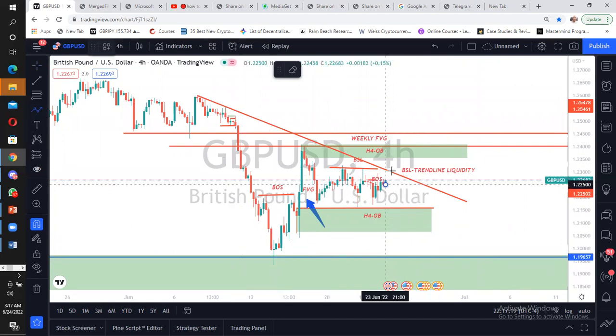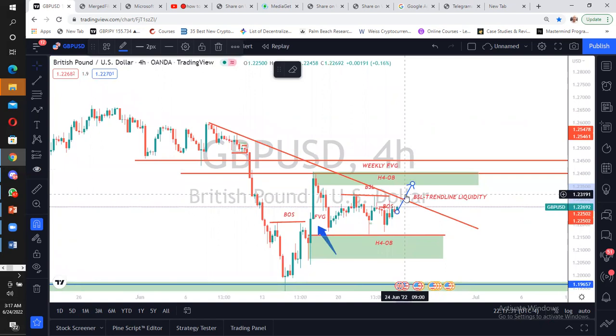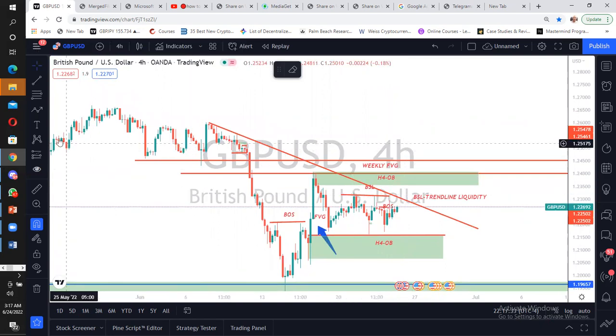So I wouldn't take a trade here. We would like to have this come up, take away this liquidity that we have here because it has built up liquidity in here. Then after that, we expect a flush back down. So we want to see this go up to take away this liquidity level here, then also take away the trend line liquidity, get mitigated by this OB.